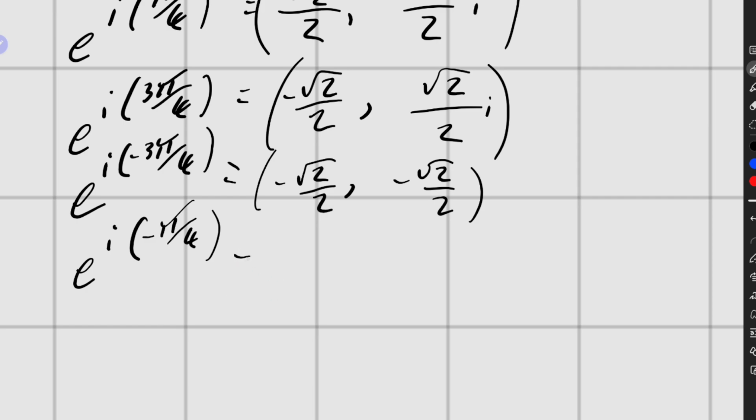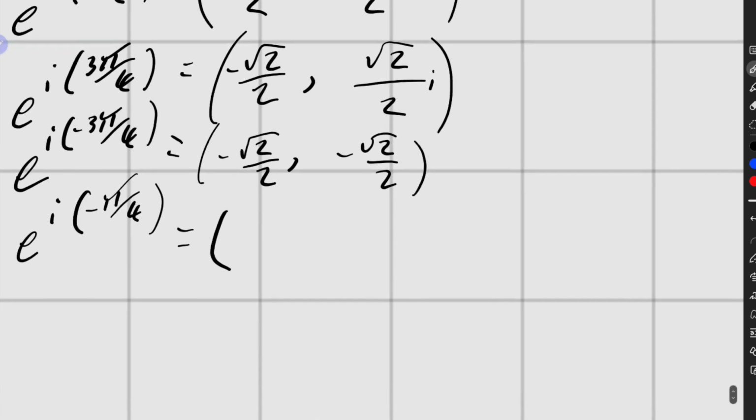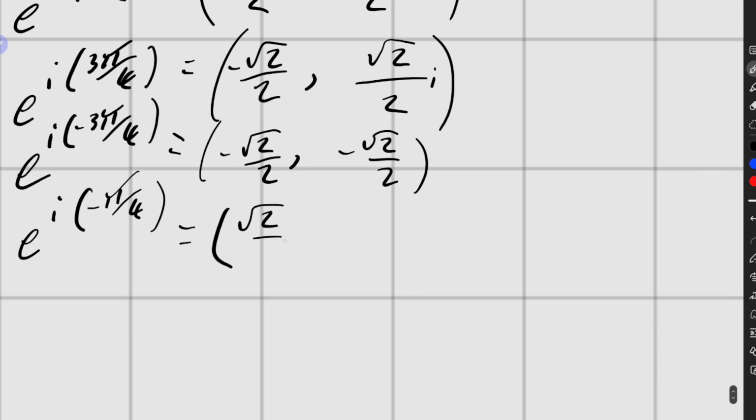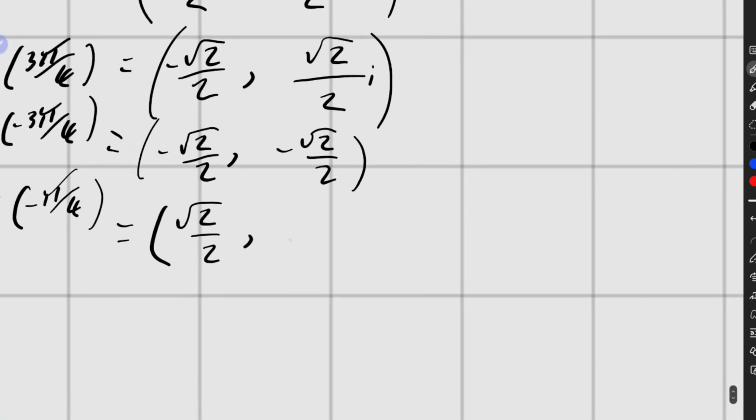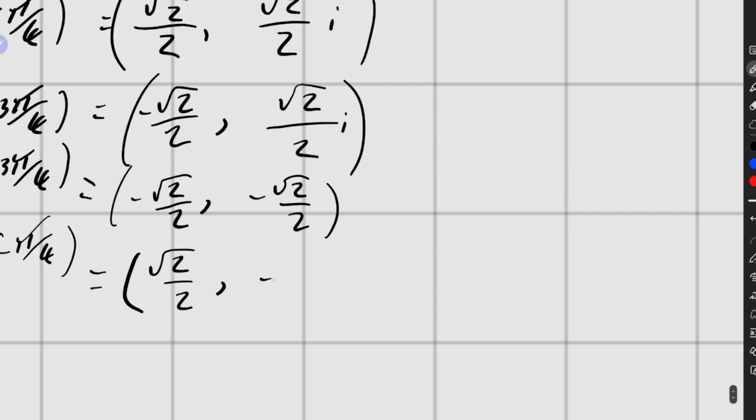So minus π on 4, cos of minus π on 4 is going to equal root 2 on 2, which is your real component, and sine of minus π on 4 is going to equal your imaginary component, minus root 2 on 2.